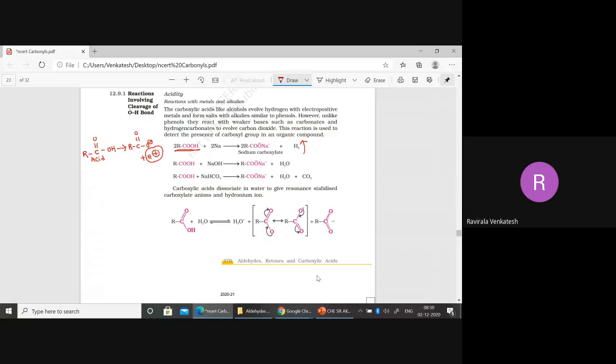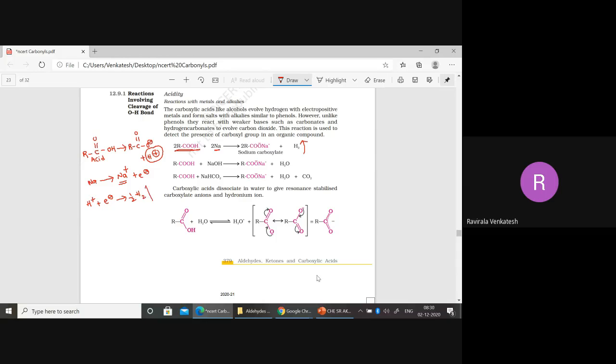In that case, you take sodium. Sodium undergoes oxidation to give Na plus and an electron like this. Now, this electron is taken by whom? H plus. Now, we are going to get half hydrogen gas.